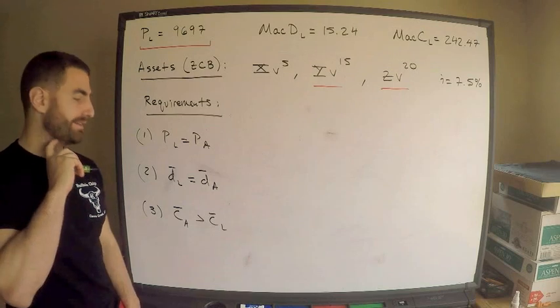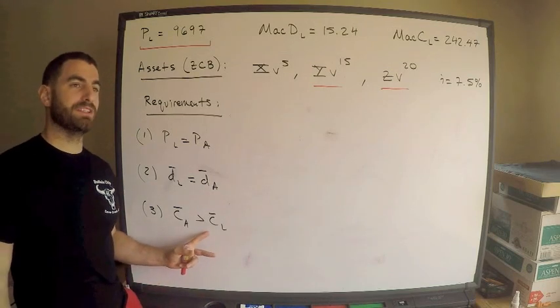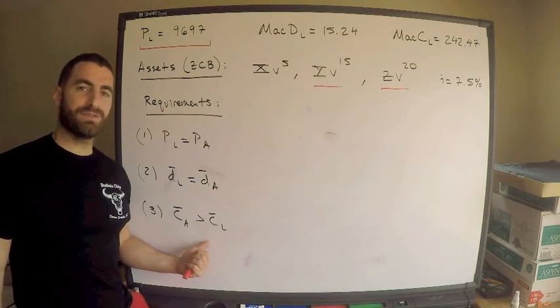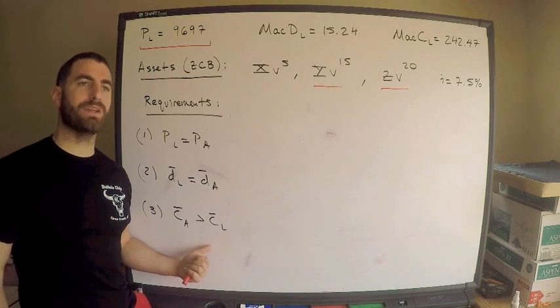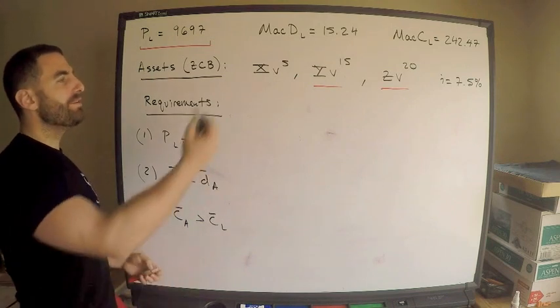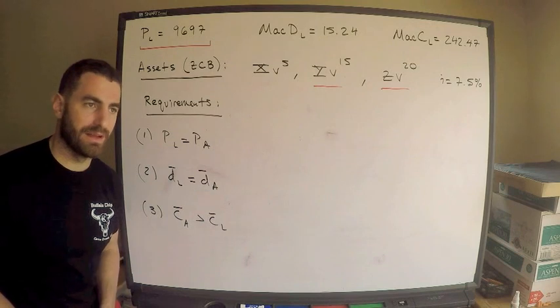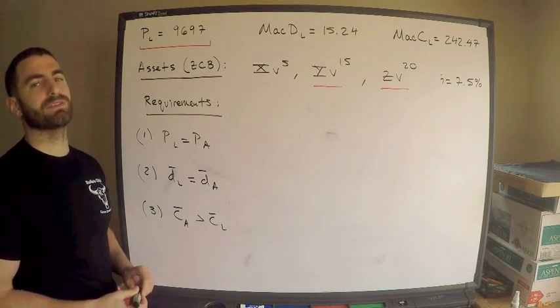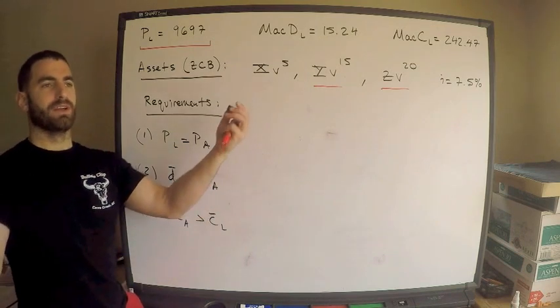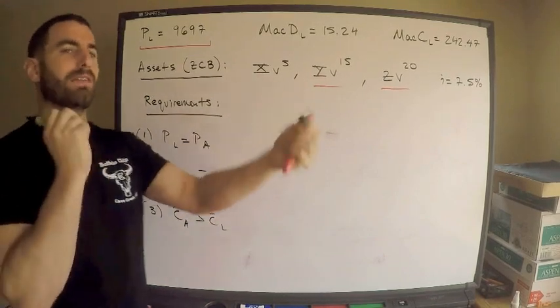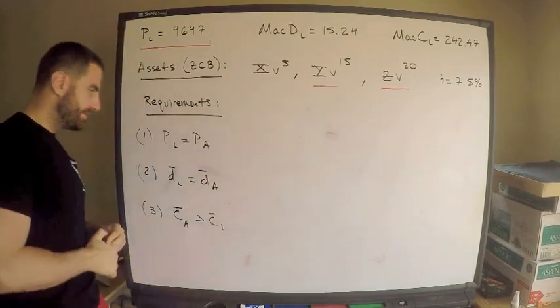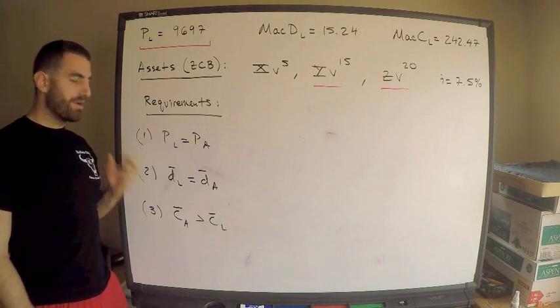That's what you need there. If this was full immunization, what you need is a cash flow for the assets, one of them needs to be greater than the last cash flow with regards to the liabilities, and one of them needs to be less than the smallest cash flow. So assets have to have cash flows on each side of the liabilities. All right, that's a separate topic. So these are the requirements we need to satisfy.